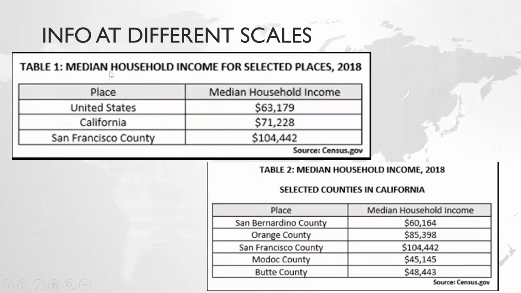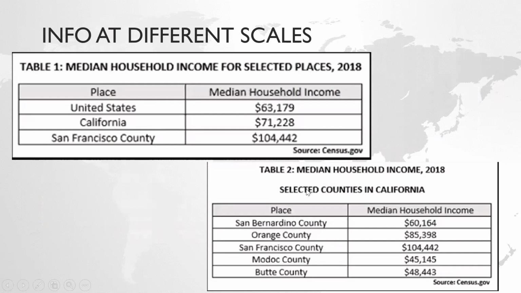Table 1 here is looking at median household income for selected places in 2018. We can see it at a national level, we can see it at a local level, and an even more local level, the county level. At first glance, we'd be like, oh, California, it seems that maybe everybody there makes about $71,000 in general, as the median income.